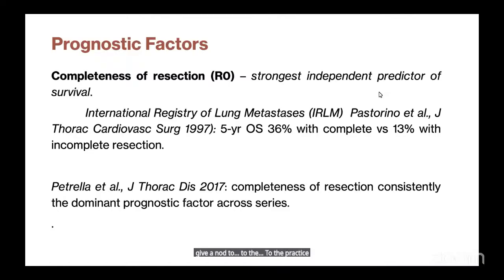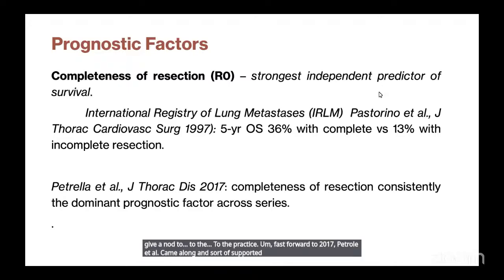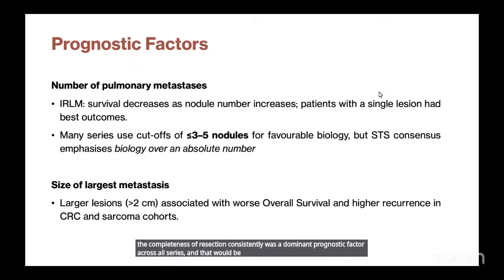Fast forward to 2017, Petrella et al. came along and supported that much older study, stating that the completeness of resection consistently was a dominant prognostic factor across all series.